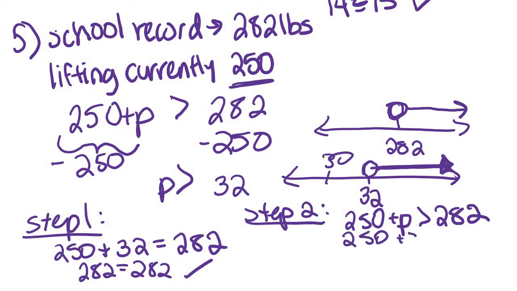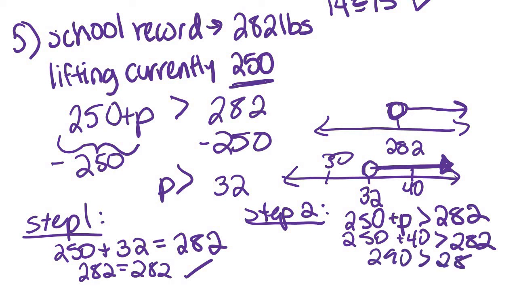So 250 plus 30. Is that still bigger than 282? Oh, sorry, not 30. We want a number that's bigger. I'm insane. Let's do 40. So we're going to have 290 bigger than 282, which is correct, so we are done.